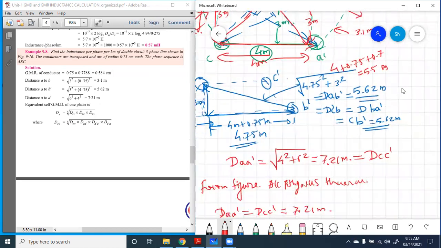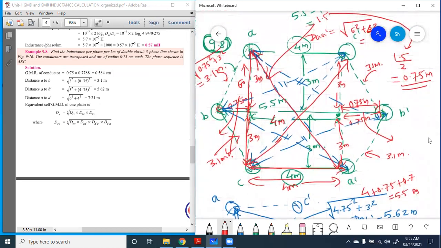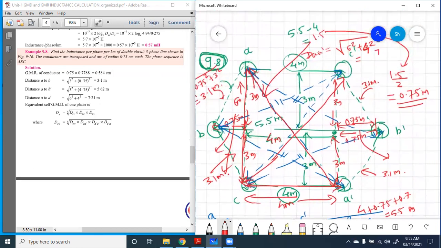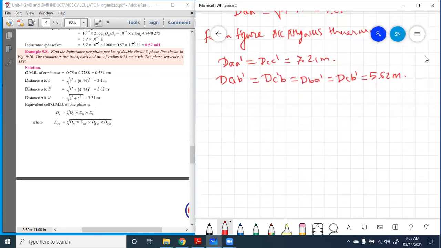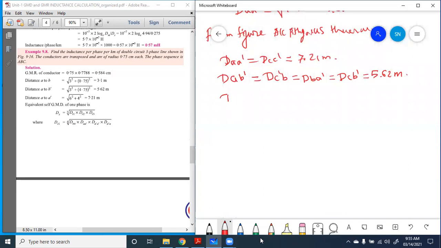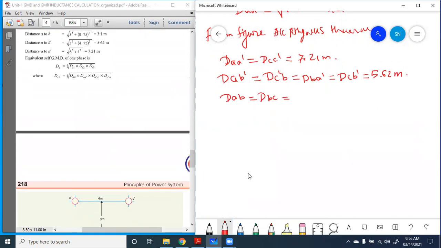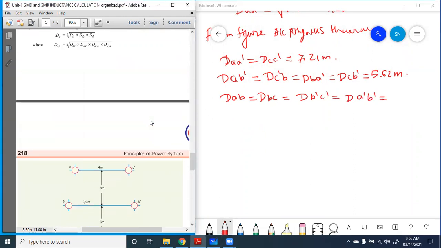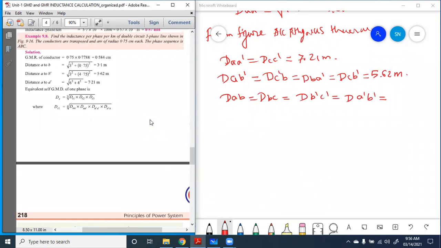Now similarly, the distances AB, BC, distance AB, distance BC, similarly distance C'B', B'C', or distance A'B' are all the same combination of distances, that is 3.1 meter.